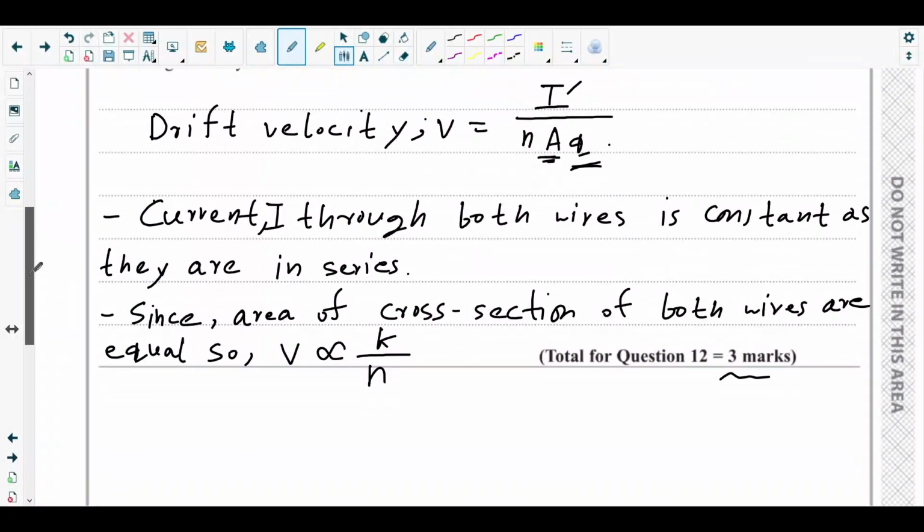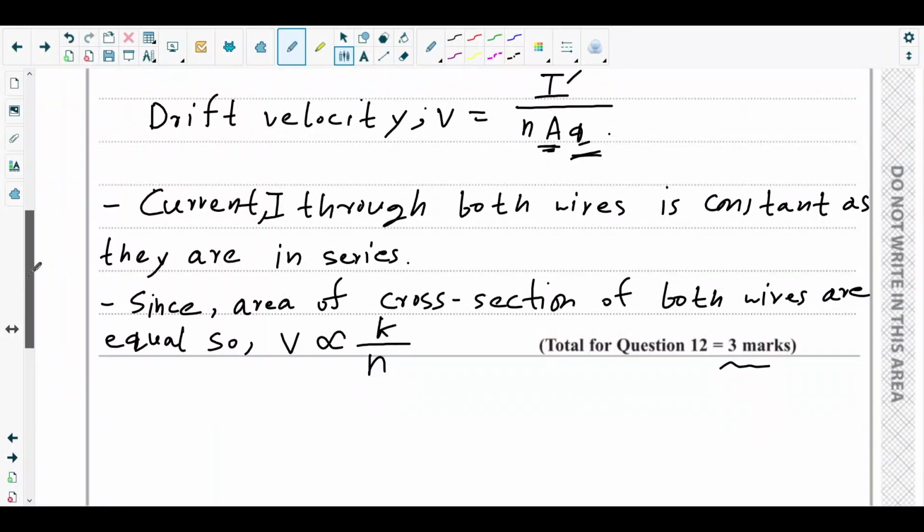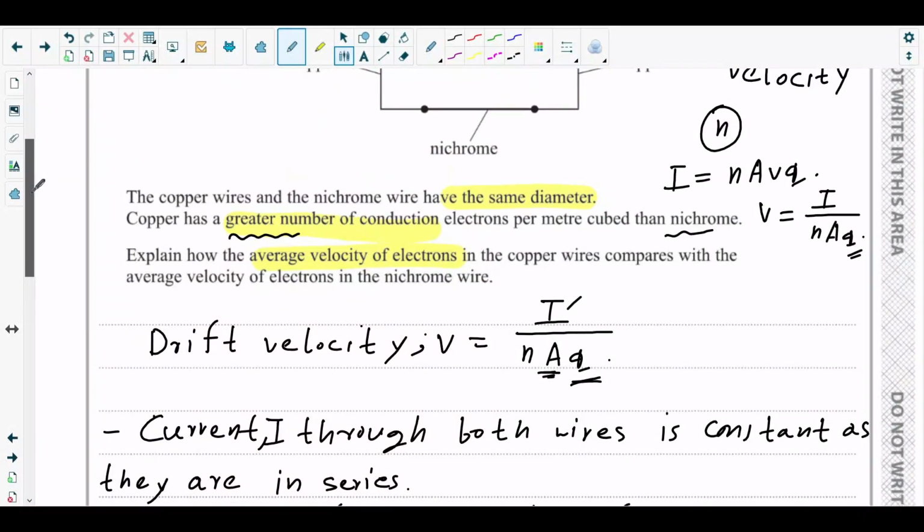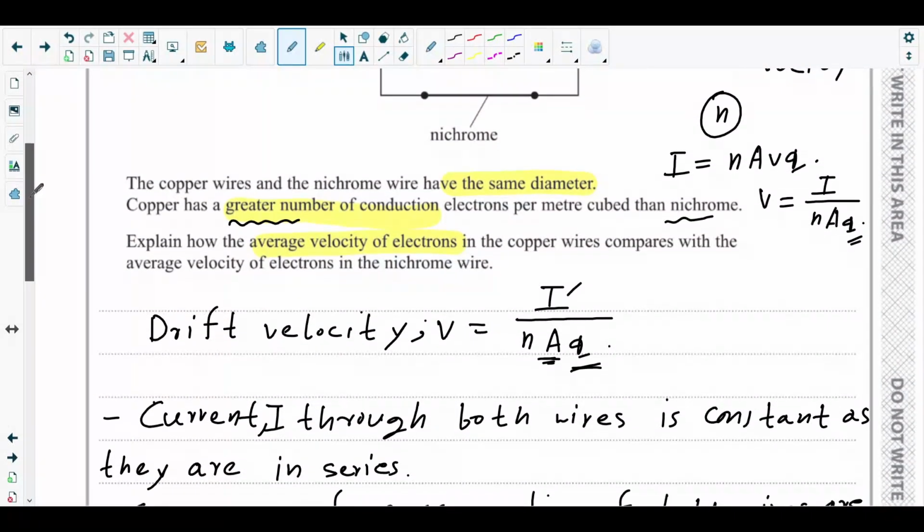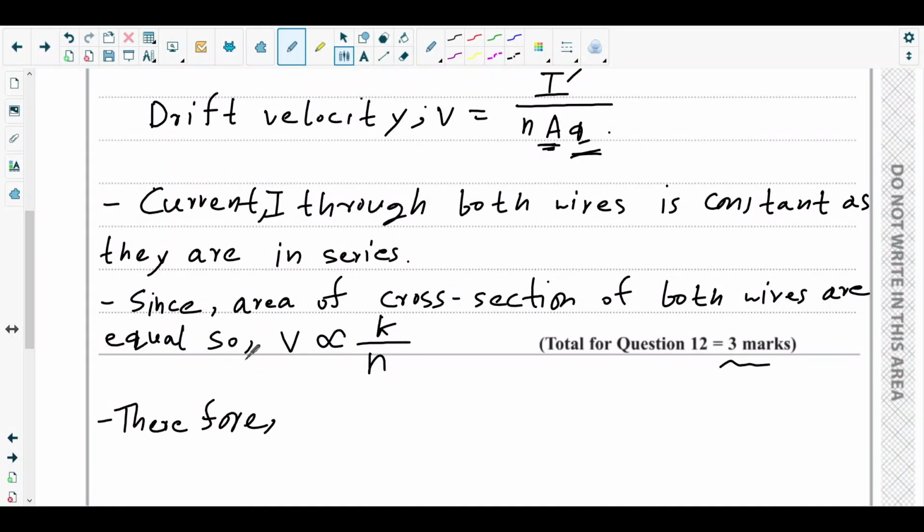Therefore, drift velocity is inversely proportional to the charge carrier density. Which one will have greater drift velocity? The average velocity of electrons in the copper wire. Copper has a greater number of conduction electrons, so n is greater for copper. Therefore, the average velocity, that is drift velocity, for the copper wire will be smaller.